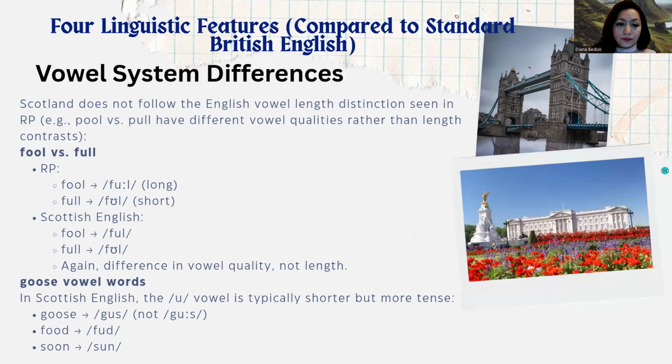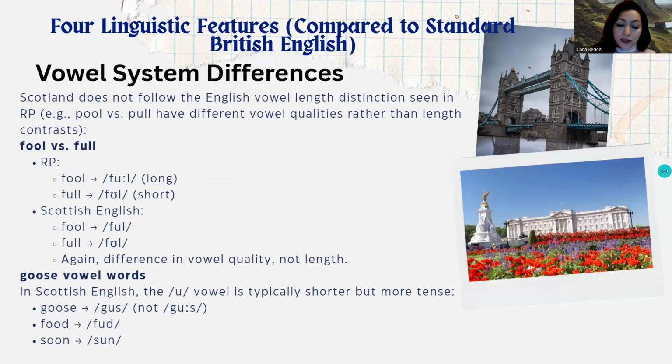We have vowel system differences. Scots does not have the English vowel length distinction seen in RP. For example, pull and pool have different vowel quality rather than length contrast. For example, full versus fool: in RP the vowel in fool is long, and in full it is short.